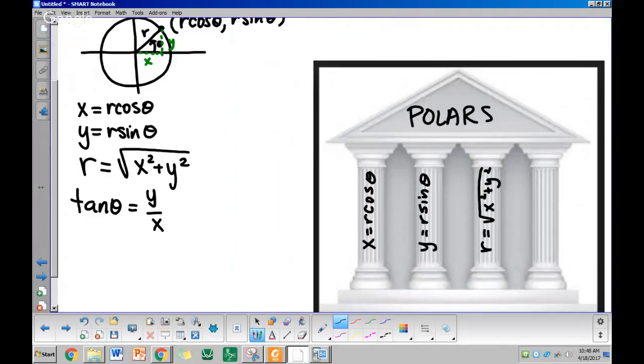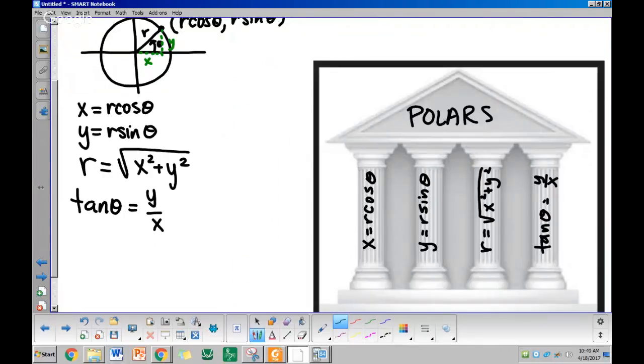This is my visual image that helps you remember that there are 4 things. If you know these 4 formulas, they won't let you down. Your knowledge of polars will be solid. Tangent of theta equals y over x. You have a strong foundation. You won't be let down.